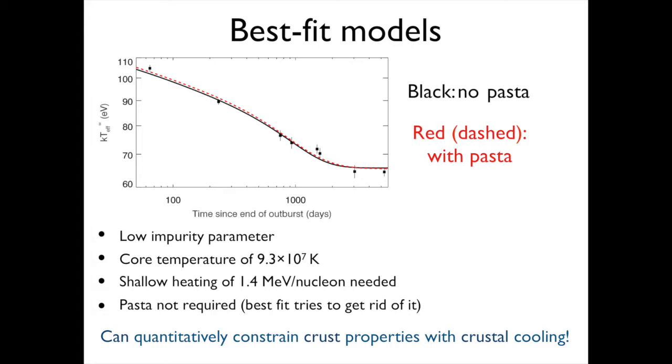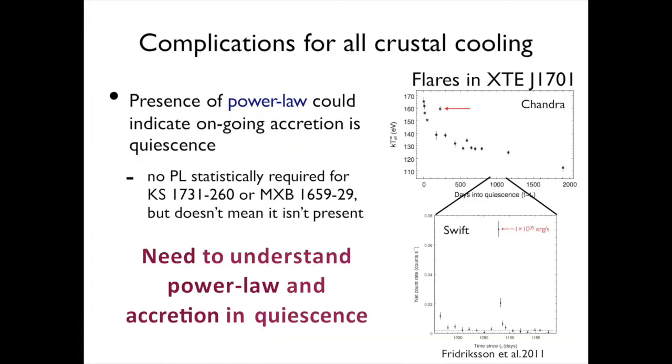Okay, one of the complications, as Jay's question earlier suggested, is that quiescence isn't perfectly quiet, right? It doesn't seem that accretion totally stops in quiescence, and this can, of course, affect our results.